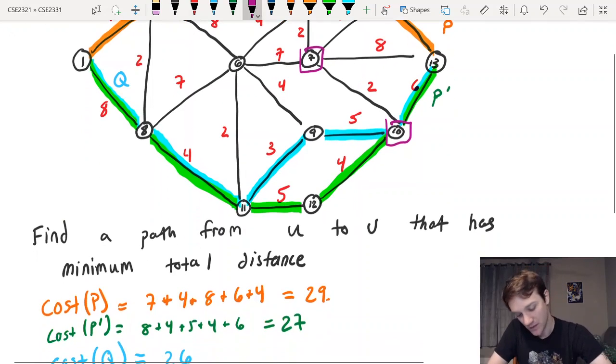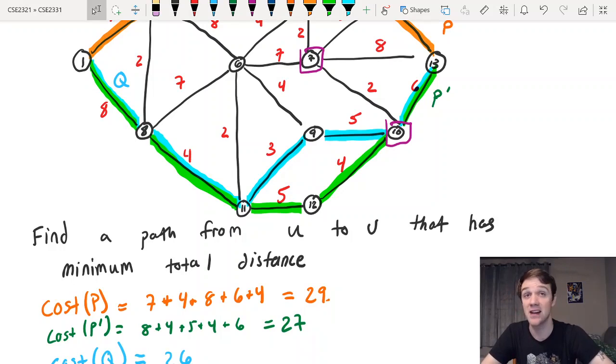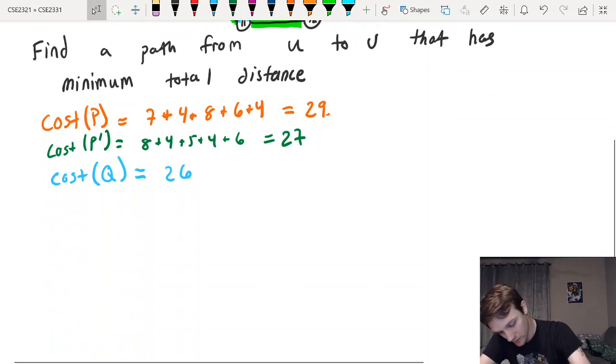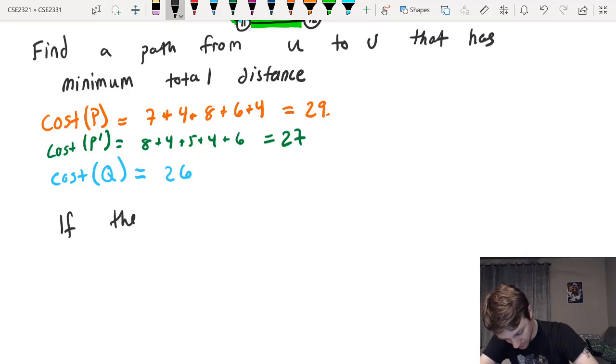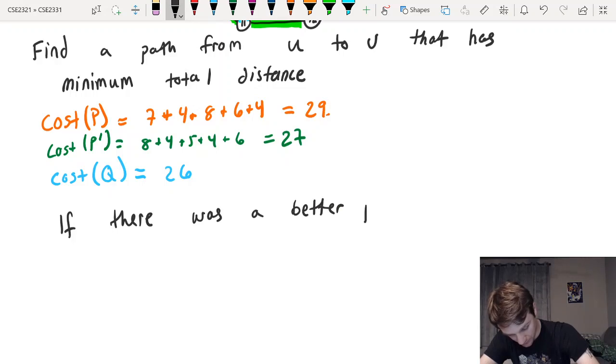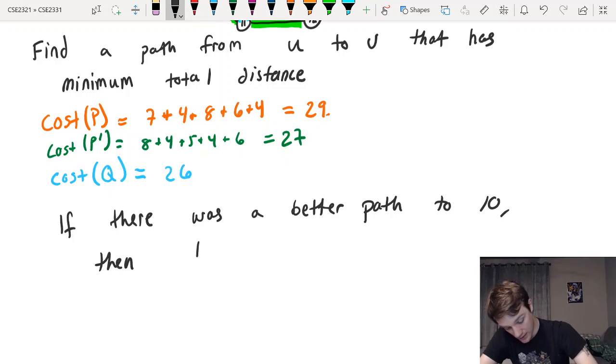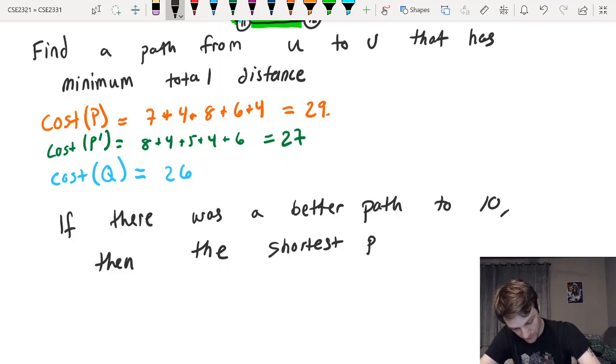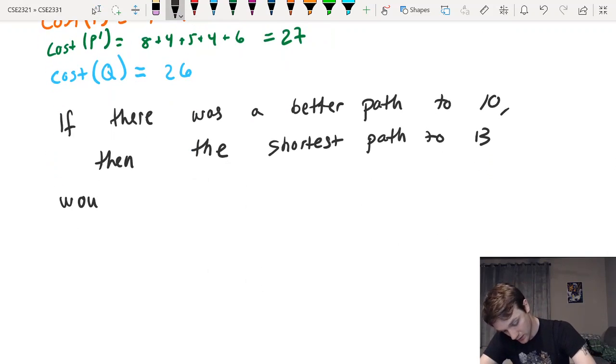So what do I mean by that? Imagine that there was a better path to get to 10 than the one we just took in blue. If there was a better path to 10, then the shortest path to 13 would use that better path.